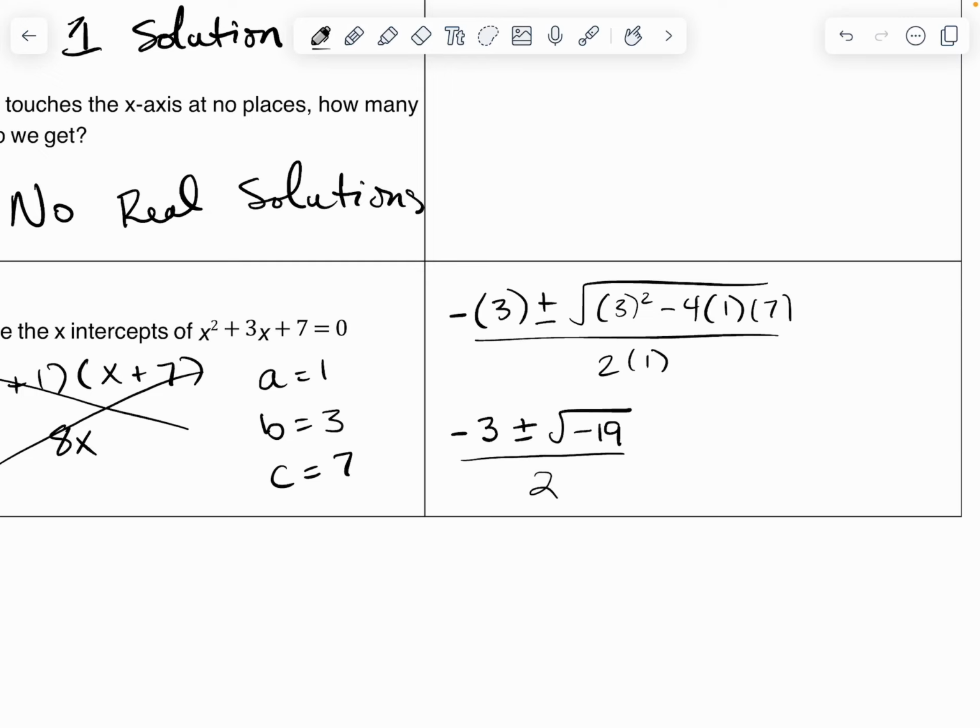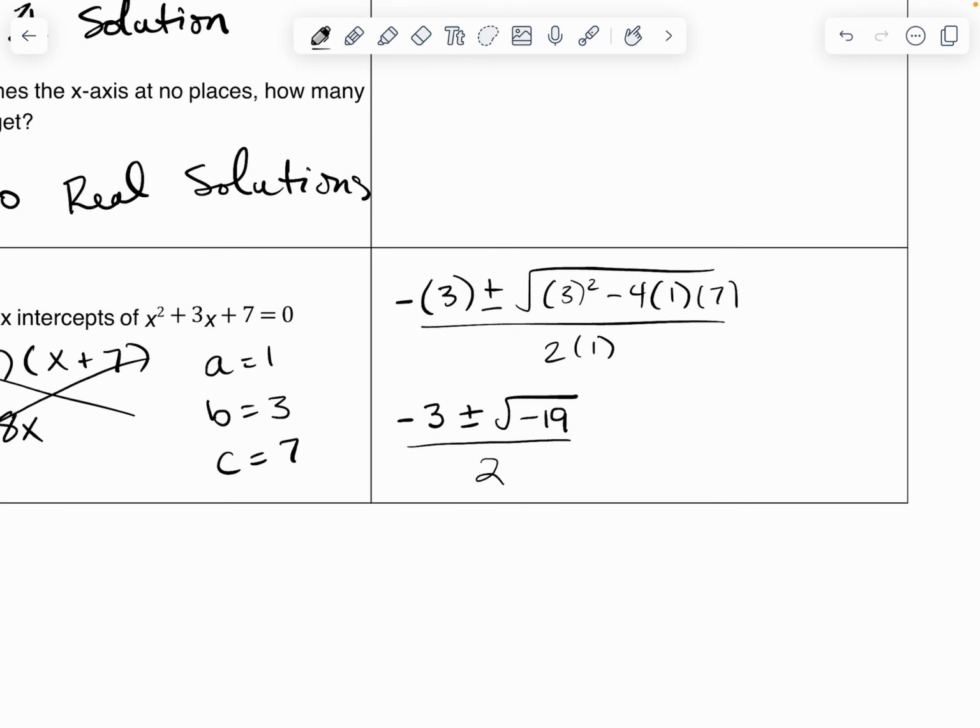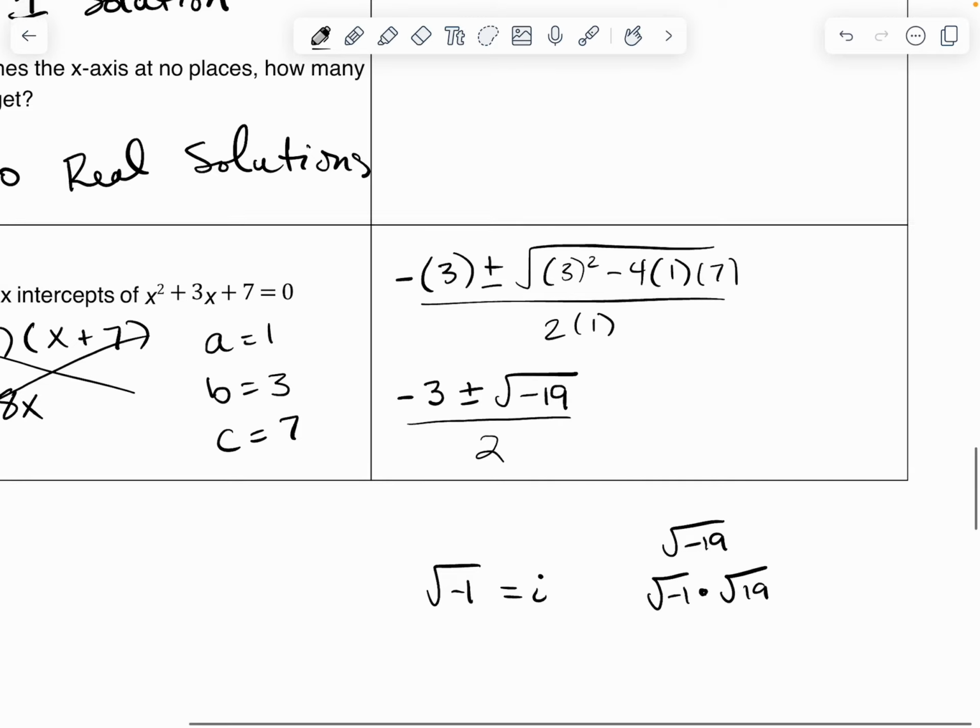All right, so the x-intercepts are going to be the solutions for this. We can actually get the complex solution with our imaginary number from negative 19. So we have to remember that the square root of negative 1 is i. Okay, so this negative 19 right here can be rewritten as the square root of negative 1 times the positive root of 19.